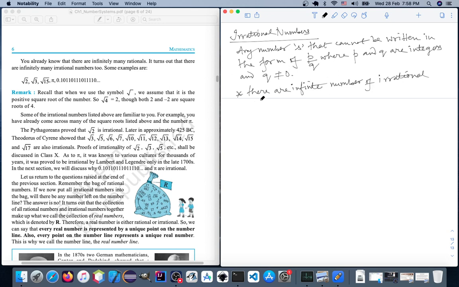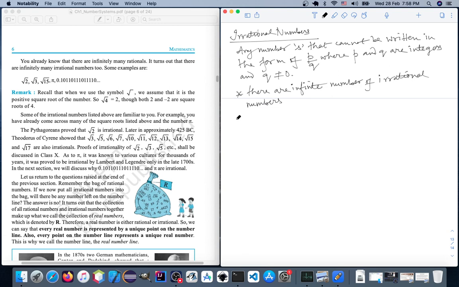We already know that there are an infinite number of rational numbers on the number line. It has also been found that there are an infinite number of irrational numbers. So this is a point to be noted.